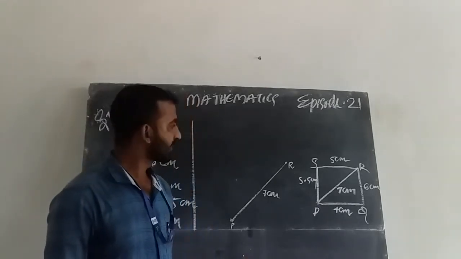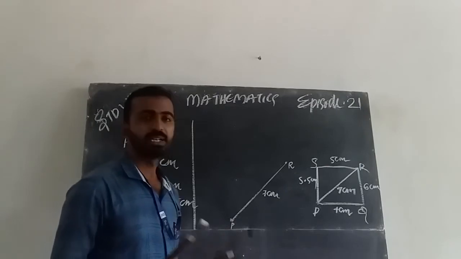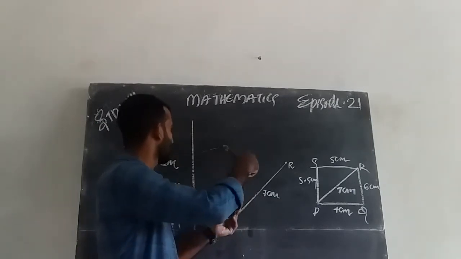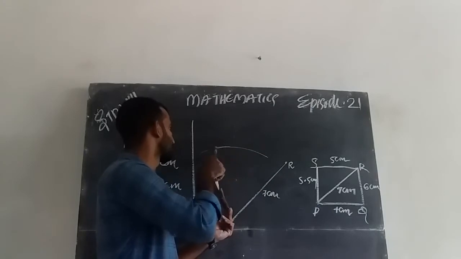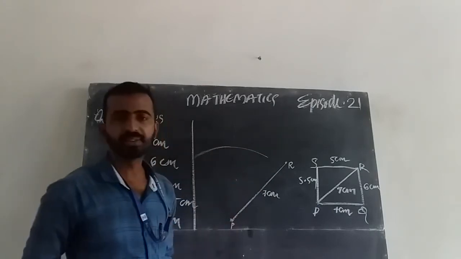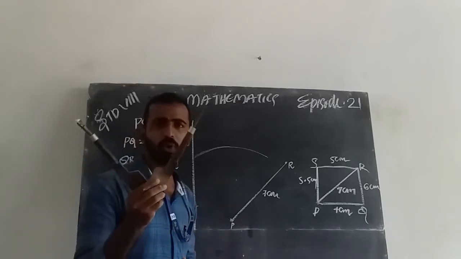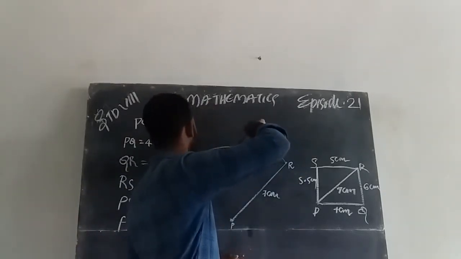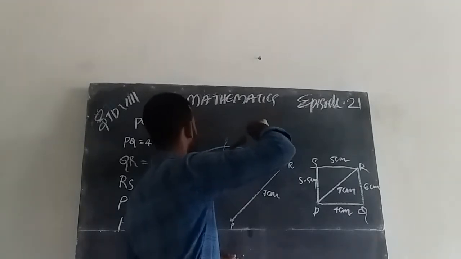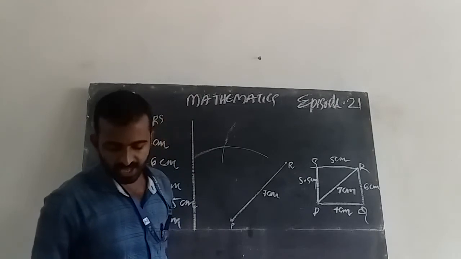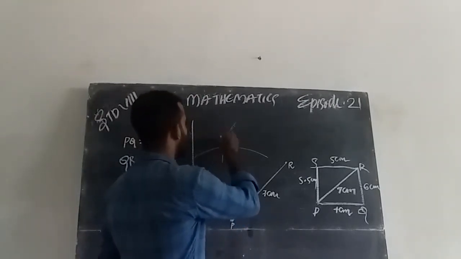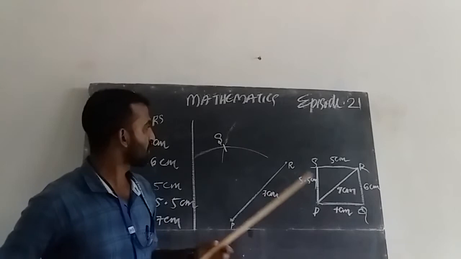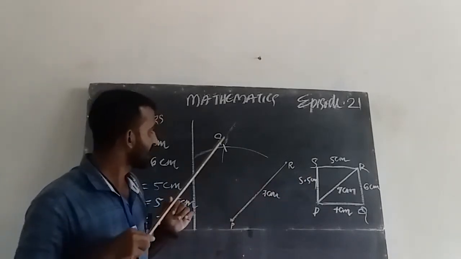In the compass we take 5.5 cm and make an arc with center P. Next I take 5 cm on the compass and make an arc with center R. Then the arcs intersect. That point is denoted as S.